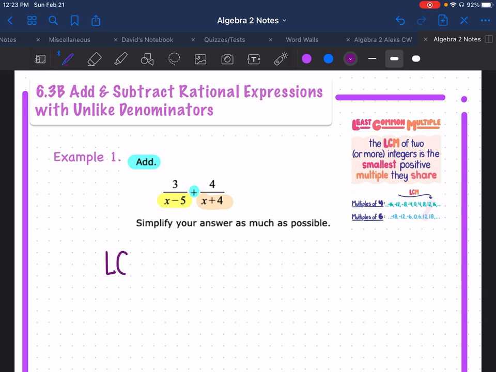Our LCD is going to be our first denominator as a factor times our second denominator as a factor. And of course, we don't have to actually multiply them out. We can leave them like this because remember, if we end up being able to factor the numerator, they will cancel out. So we're just going to leave them just like this, okay?